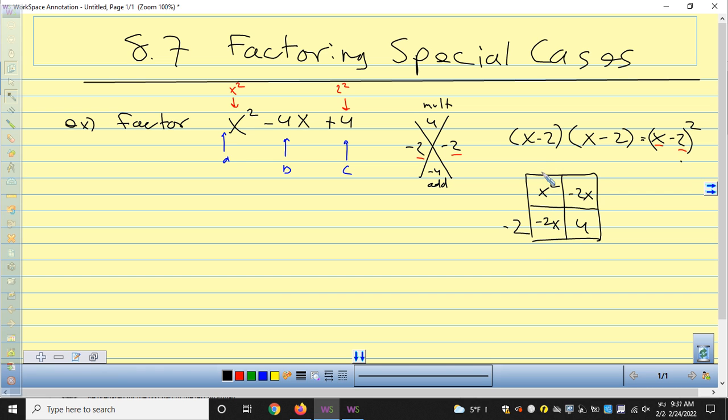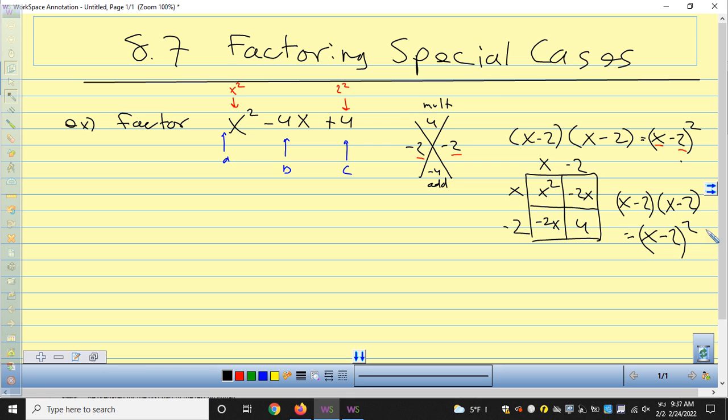Smallest x that's in both of these is x. Same thing here. And biggest number that goes into 2 and 4 is 2, and this is negative, so we put a negative there. And that's how we get our x minus 2 times x minus 2, which is x minus 2 squared.